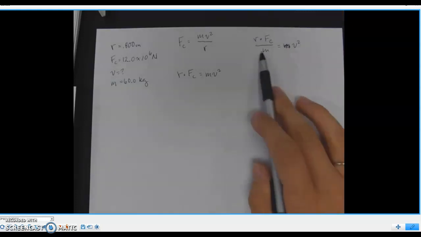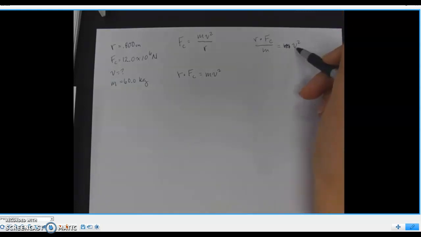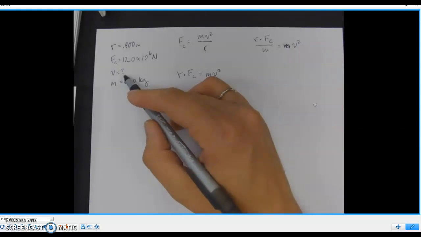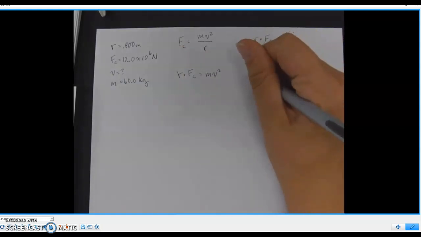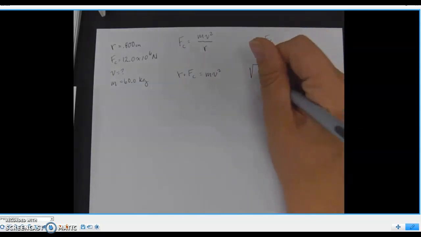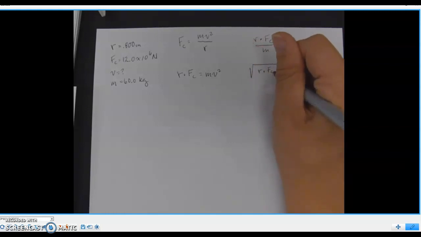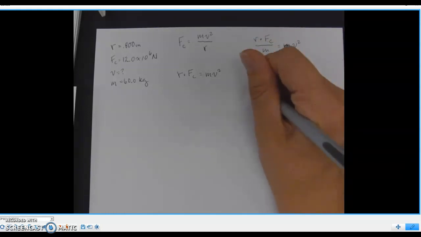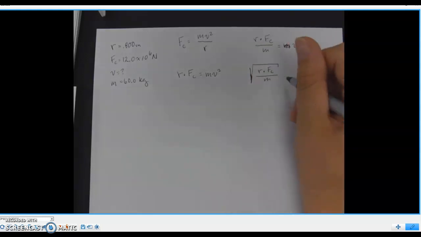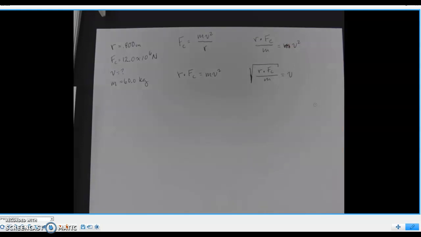And then the last thing, I'll take the square root of both sides because I'm not solving for the squared velocity, I'm just solving for the velocity. This whole thing is being squared, the square root, and that will equal the velocity.